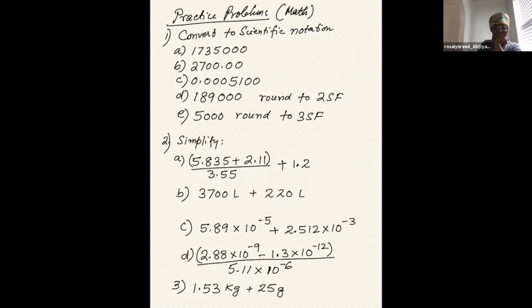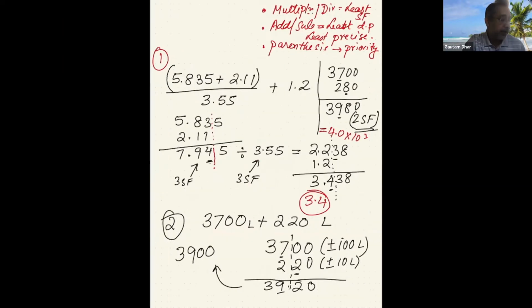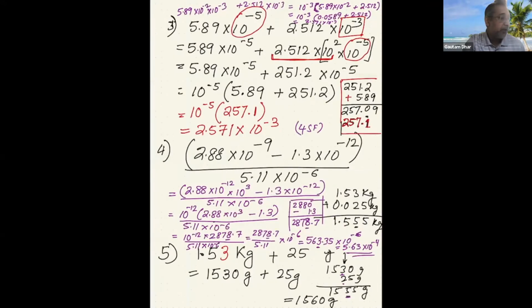But when I add, I have to keep the powers the same. So either I convert both to 10 to the power minus 5 or both to 10 to the minus 3. Either is fine. Why? Because if you do that, then you can take a common factor.